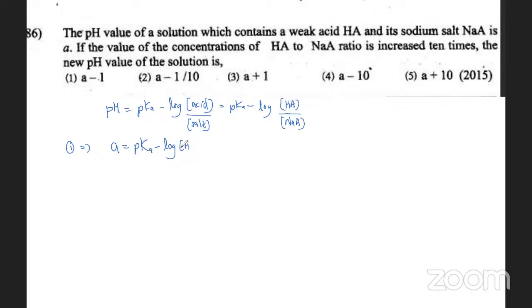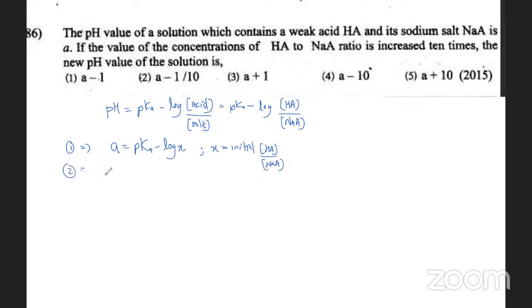I'll take that as log of X, where X is equal to the initial HA over NaA concentration. I hope that's understandable. Concentration of HA to NaA ratio, we will take it as X, right?